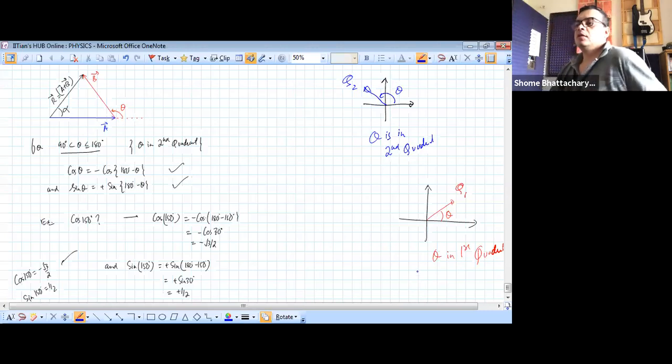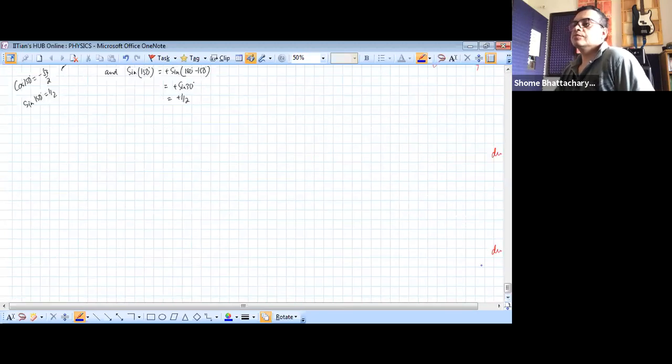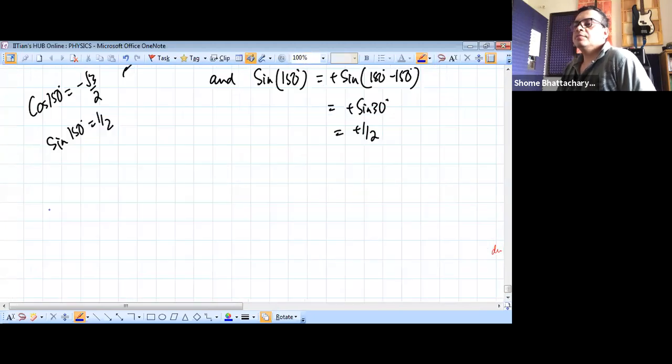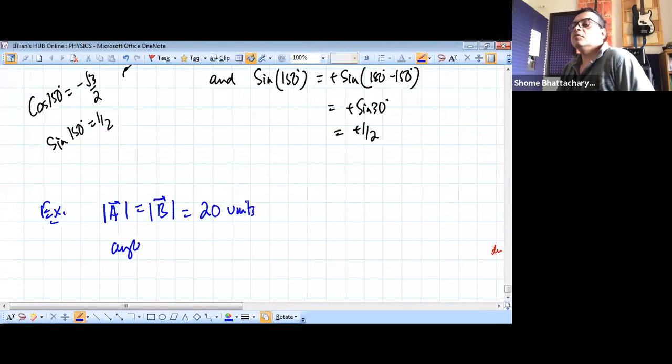Okay. So let's wind this up with a quick example with an obtuse angle. So this time in our example, again magnitude of A is equal to magnitude of B, equal to 20 units, but the angle between them is 120 degrees.